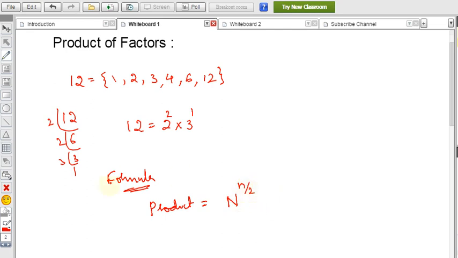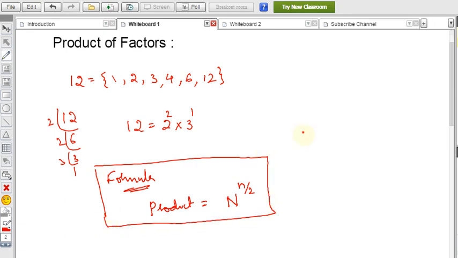So in this, capital N is equal to the given number, and small n is equal to the number of factors. We need the number of factors compulsorily for finding the product of factors.